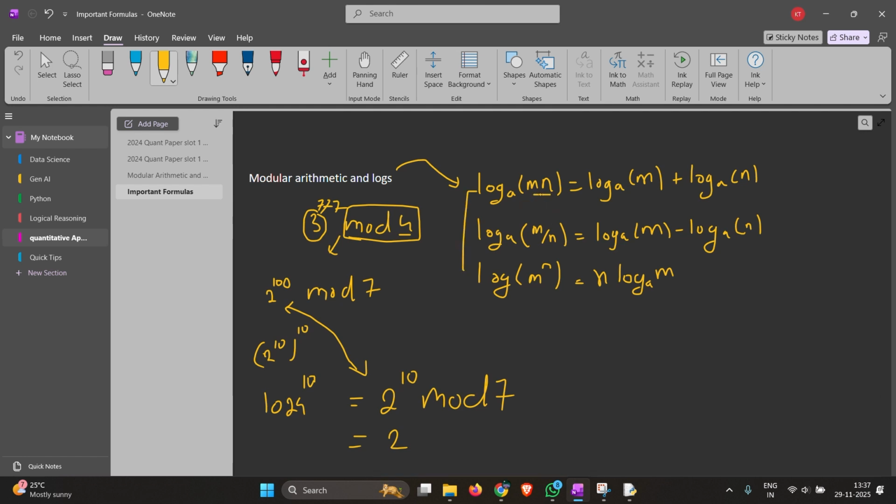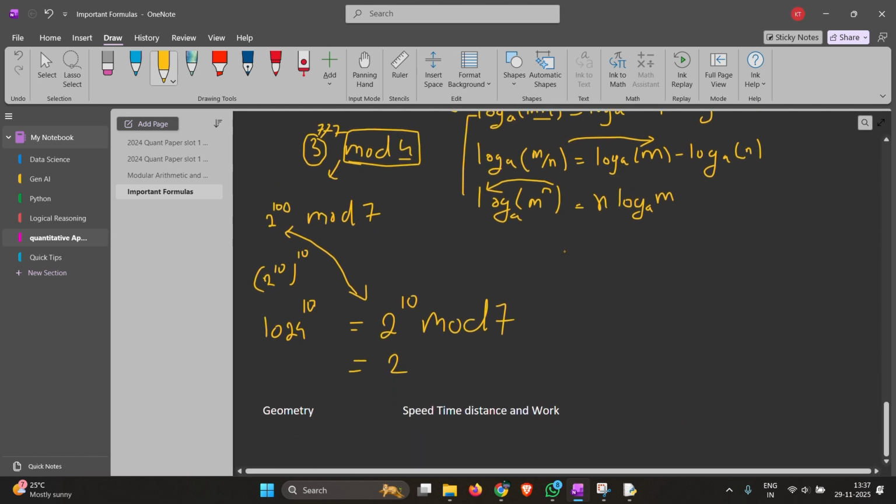If you have multiplication inside the log, you could shift this to addition outside the log. If you have division inside, you can shift that to subtraction outside. And if you have m raised to n, this n could be taken out over here. So this becomes n times log base a of m. So exponentiation becomes multiplication, division becomes subtraction, and multiplication becomes addition.